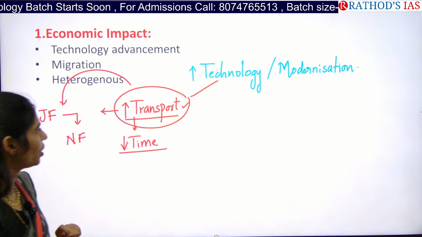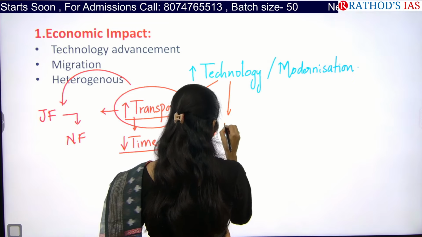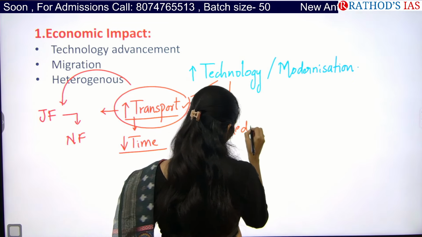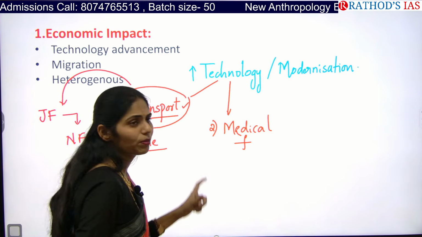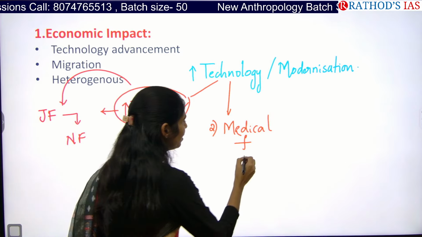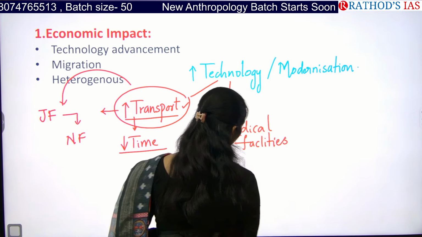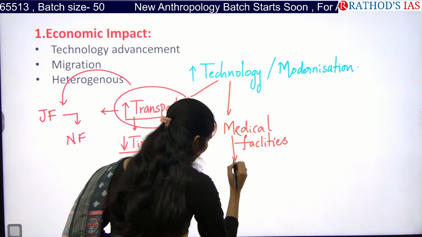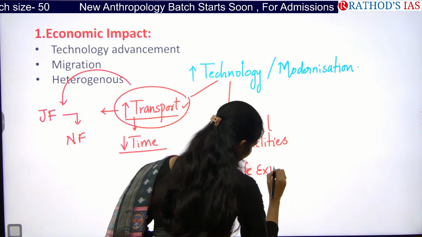Okay. So second scenario I want to talk about is medical facilities. So because of industrialization, because of improvement of technology, we are having good facilities regarding medical. So because of this, there is increasing of life expectancy.